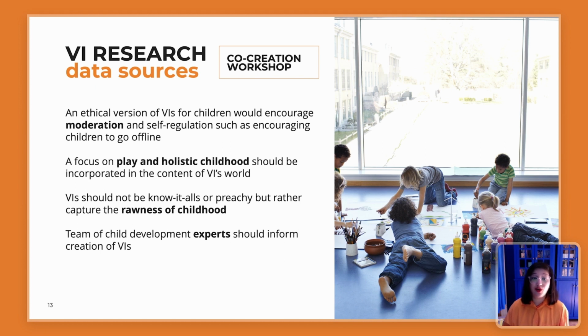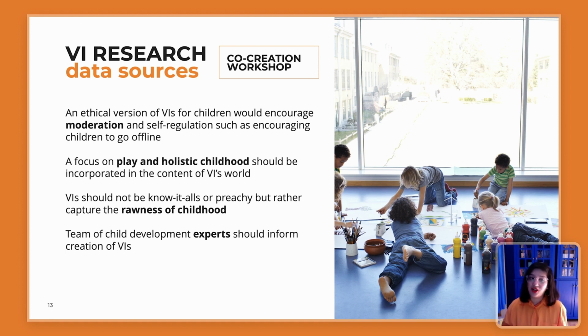Another recommendation from both children and parents was they do not want a VI who is goody two-shoes, perfect in every way. It's good to have the VI potentially model good behavior, but by no means do the audiences want a VI to be perfect. They want the VI to capture the rawness of childhood and share some flaws and imperfections.